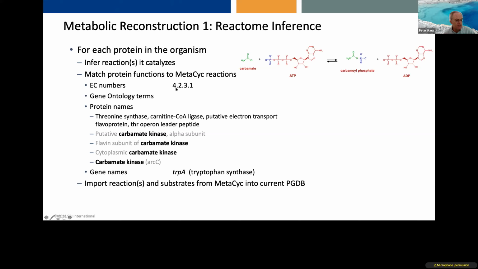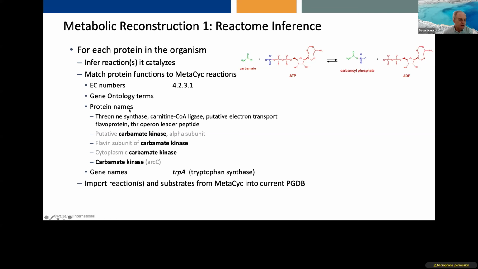It first of all looks to see if there is an EC number in the input annotation. And if there is one, we simply look that up in Metacyc, and the EC number will identify either a single reaction or sometimes a handful of reactions that the enzyme catalyzes. If there are gene ontology terms provided in the annotation, which is kind of rare, but sometimes they are provided, those can be looked up in the gene ontology database, which often map to EC numbers and then to reactions.